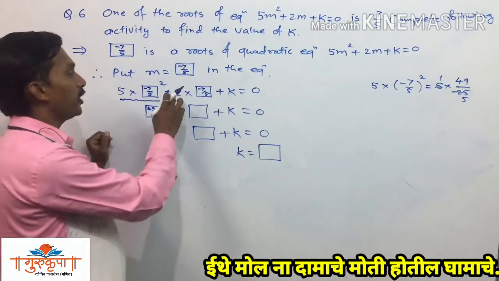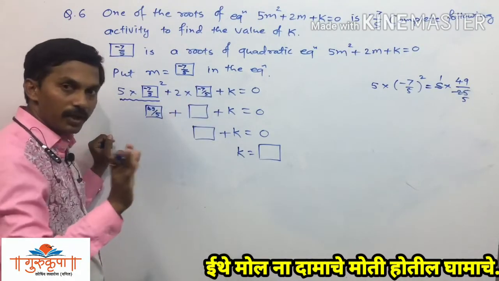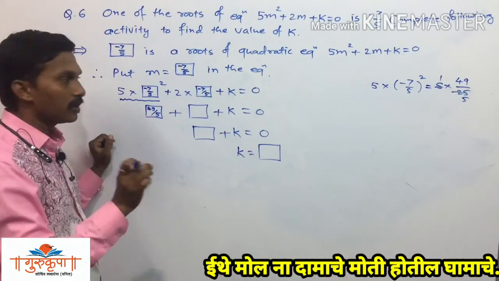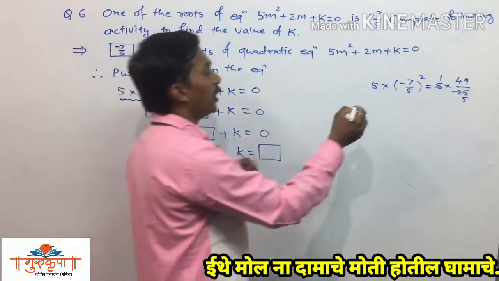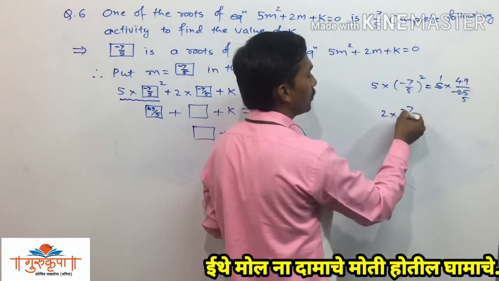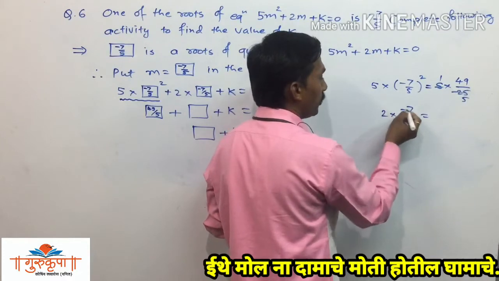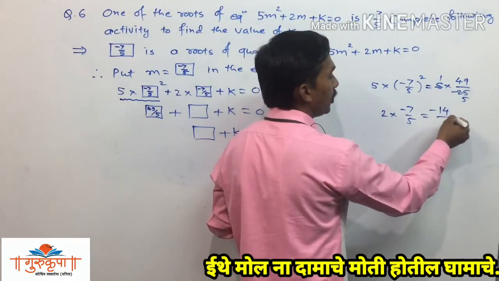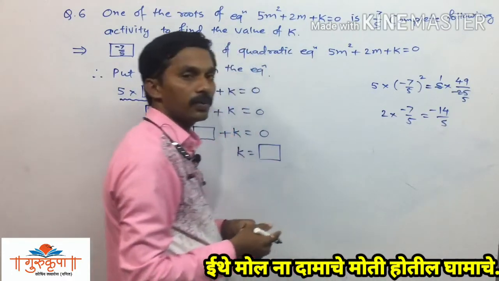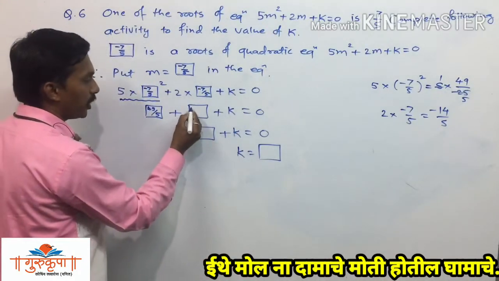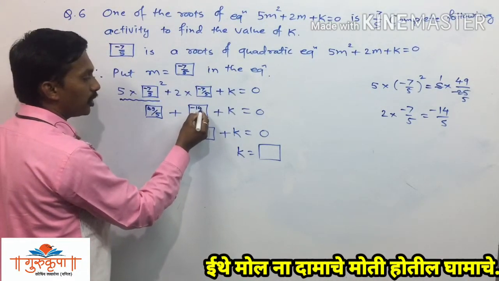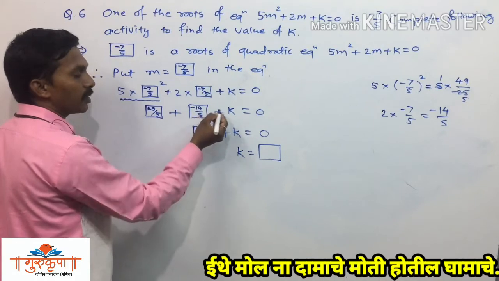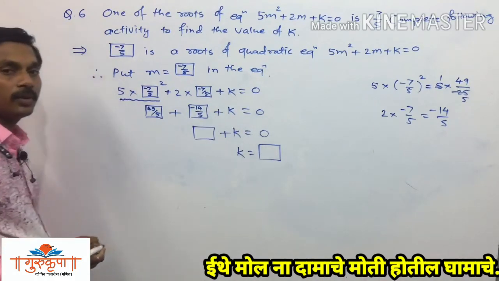If you simply write 2 sevens are 14 upon 5, then it is totally wrong. So simplify: 2 multiplied by minus 7 is minus 14, so minus 14 upon 5. In this box we put minus 14 upon 5, plus k is equal to 0.